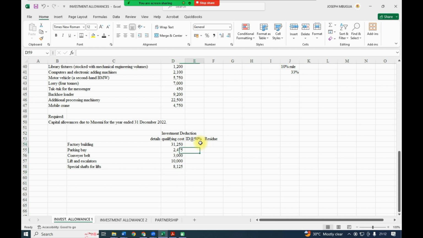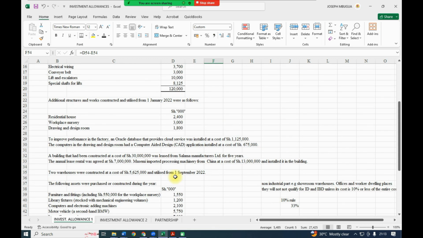So we calculate 50% of this, 50% of this, 50%, and you get the balance, minus the 50%. Even this one, to get the residue, which is equivalent to the ID, because it's 50% that is being retained.